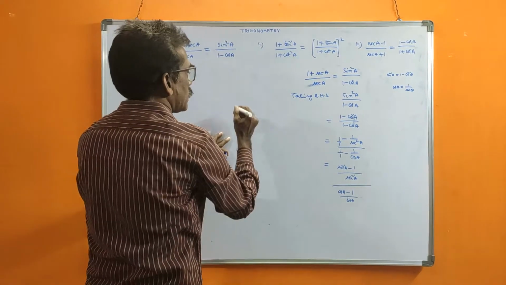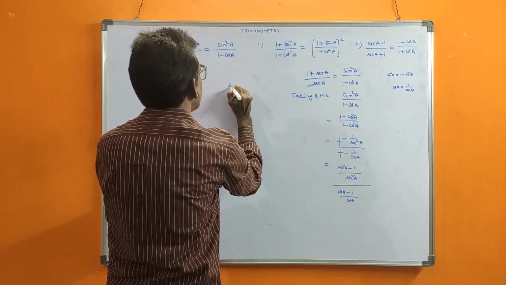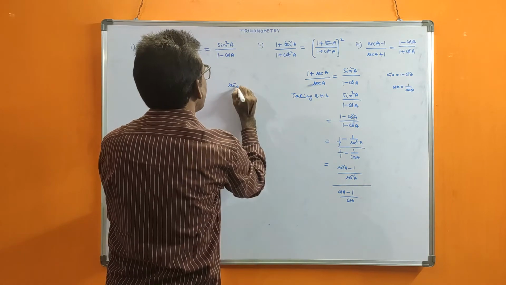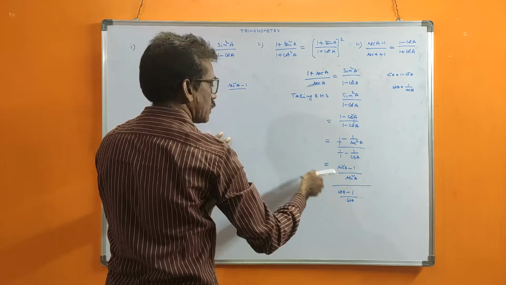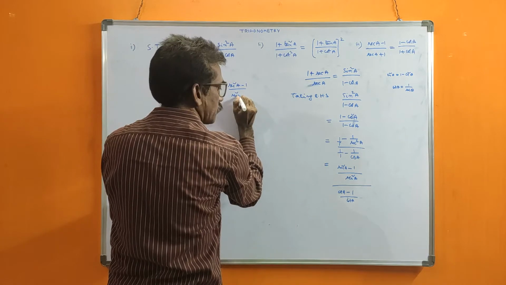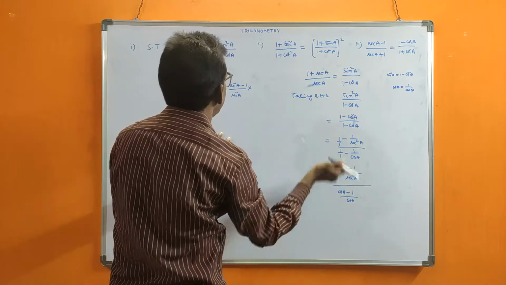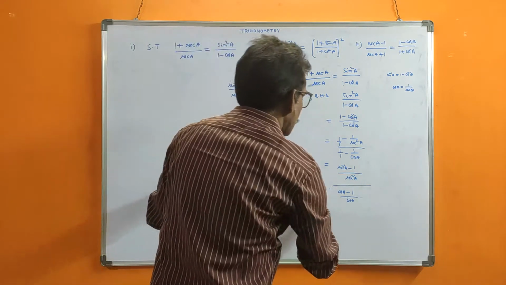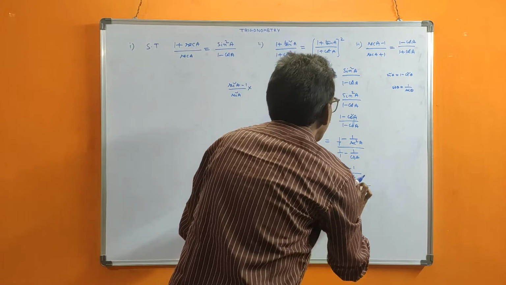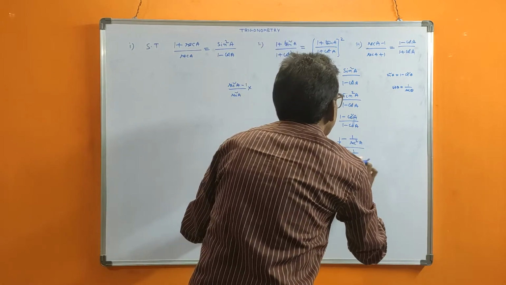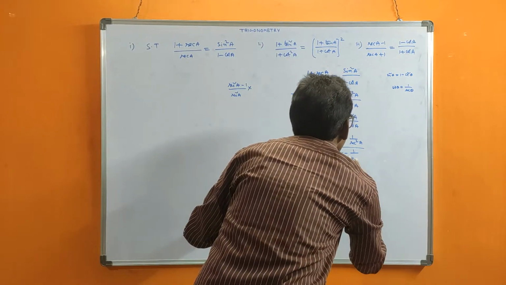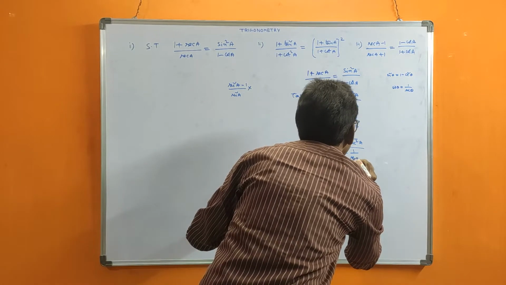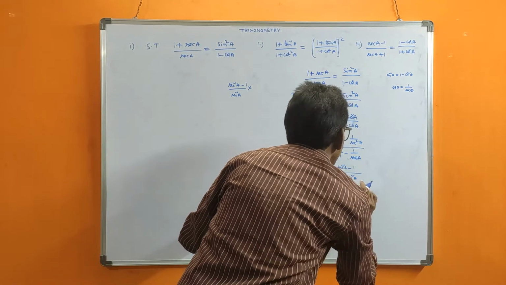Now, see, secant square a minus 1 by secant square a into, here see what I wrote, instead of 1 by secant a, we are changing to cos, so secant a.